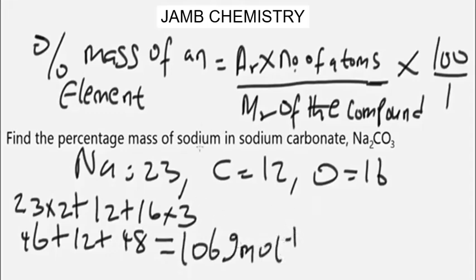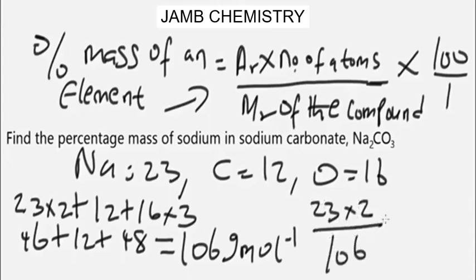All right, now when you apply it to this formula, since it's the relative atomic mass of the element and the number of atoms, the relative atomic mass of the element we are looking for is 23. That's sodium, and sodium here has 2 atoms. It should be 23 times 2 over 106 gram per mole, times 100 over 1.